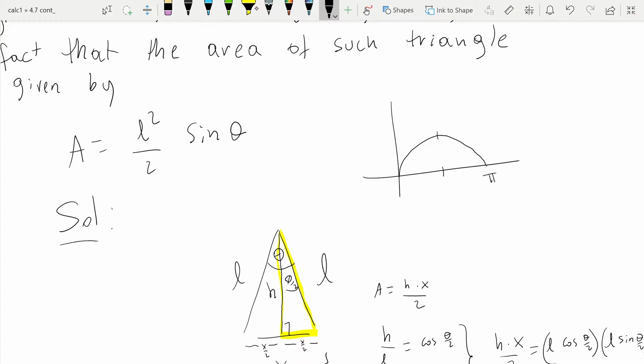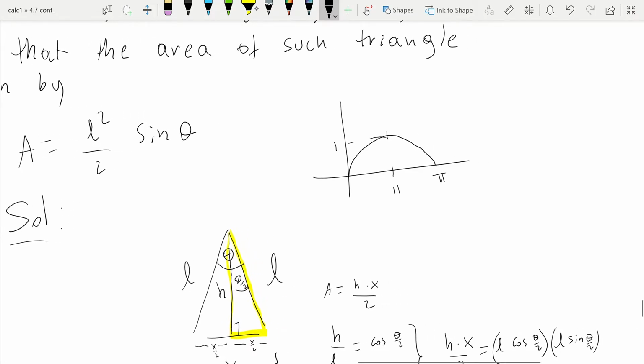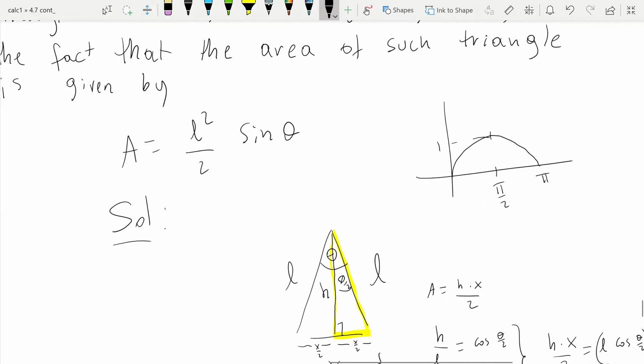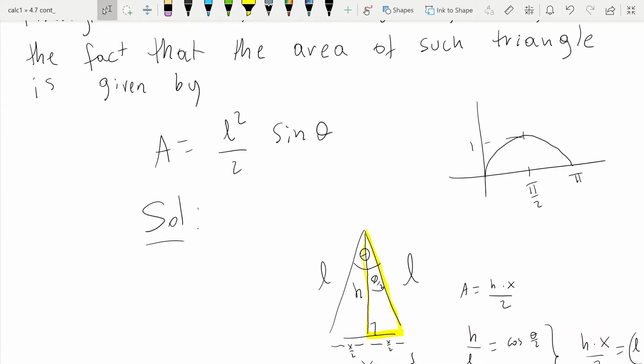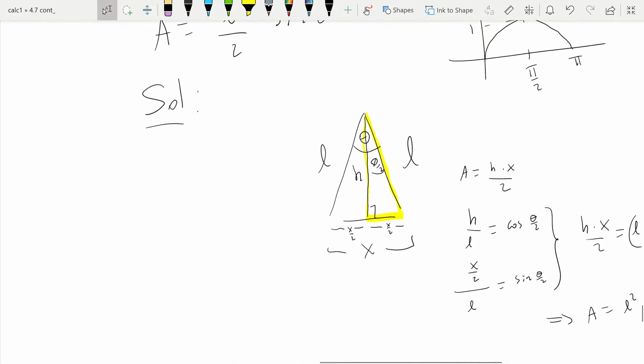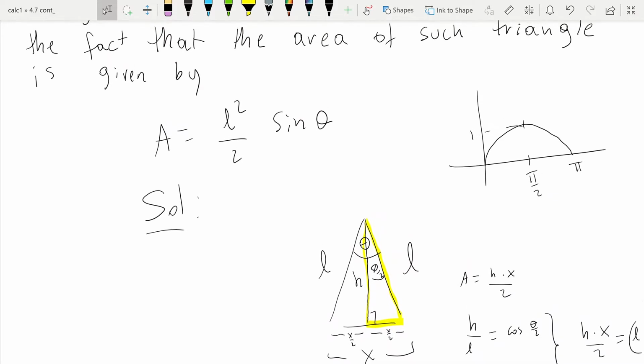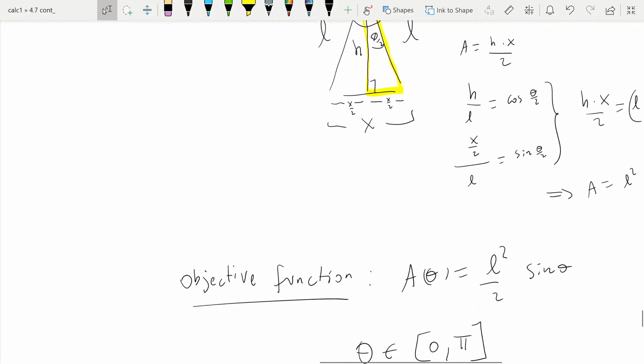You know already that the maximum value of sine is 1, and it's achieved inside this interval at pi over 2. So that should be the maximum. L squared over 2 is just a constant, so it doesn't really matter. So if you're not asked to compute anything or show your work, you can immediately go ahead and say that the maximum is achieved when theta is equal to pi over 2.